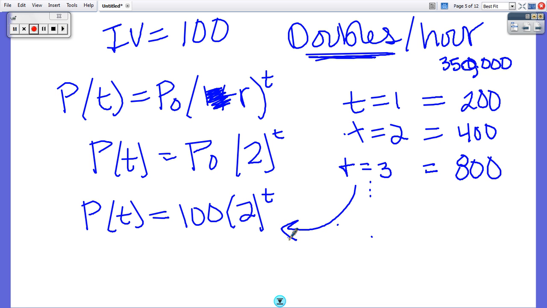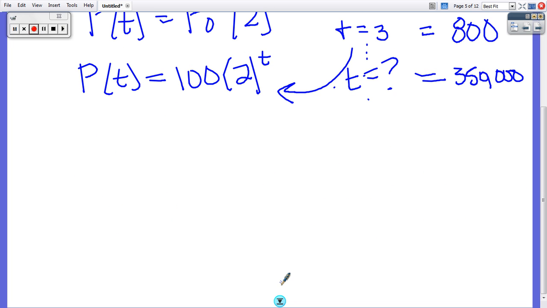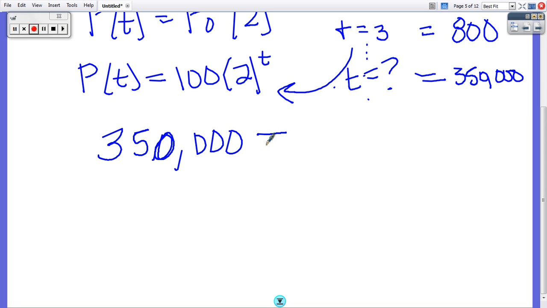But we want to find when it's equal to, t is our question mark, when is it equal to 350,000? So what I'm going to do is set them equal to each other. 350,000 equals 100 times 2 to the t.